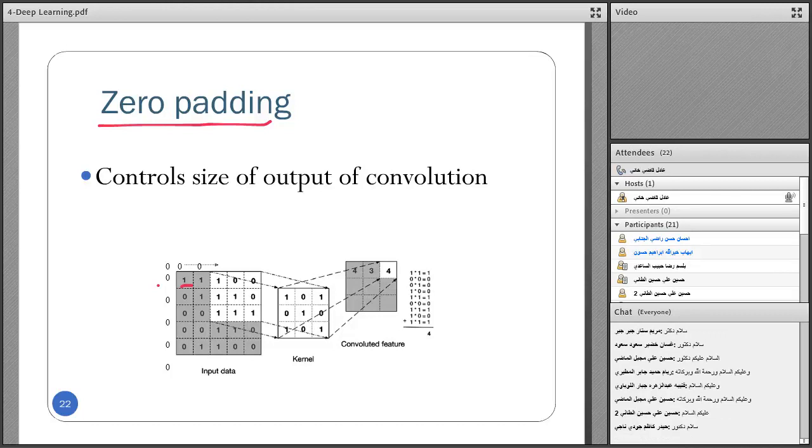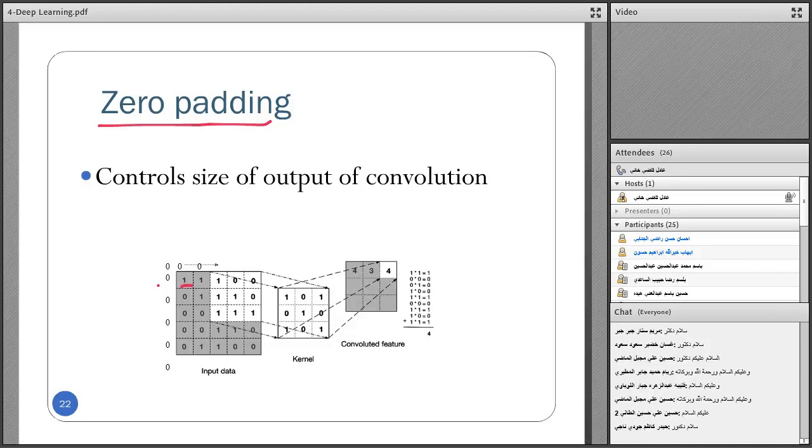You can see the convolution operation in this slide, and this convolution operation creates some output which are called the activation maps or the features.